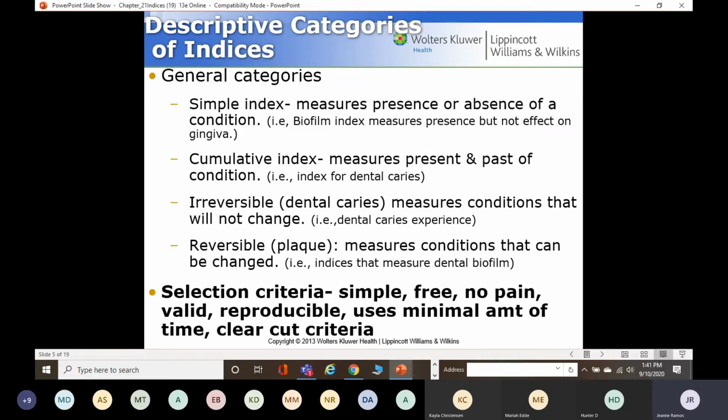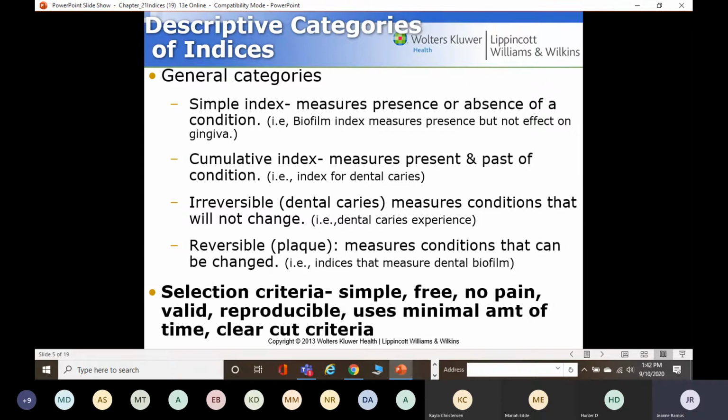In other words, if yesterday Jaden did Hunter's teeth and she put plaque disclosing solution all over, and she did her calculations, and right after that, maybe we let her brush her teeth, and then we had Kelly go do the same thing on the same patient, it should be reproducible.